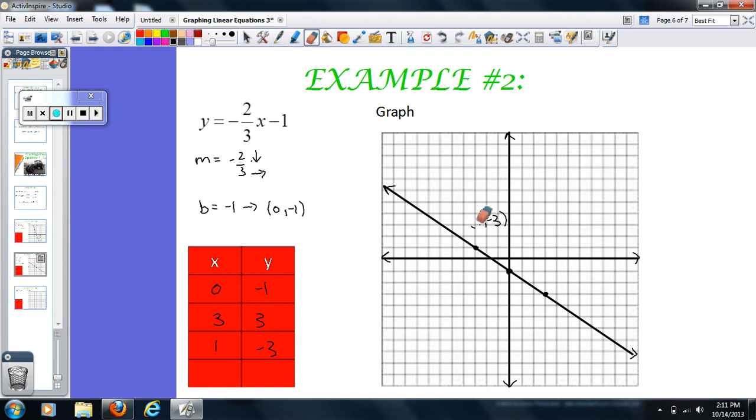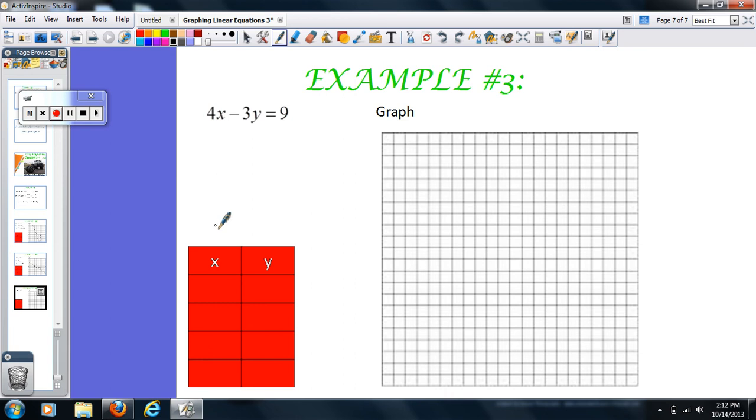My fault. This is -3 and 1. This one is 0, -1, and this one was 3 and -3. Okay, and that gives me my second graph.